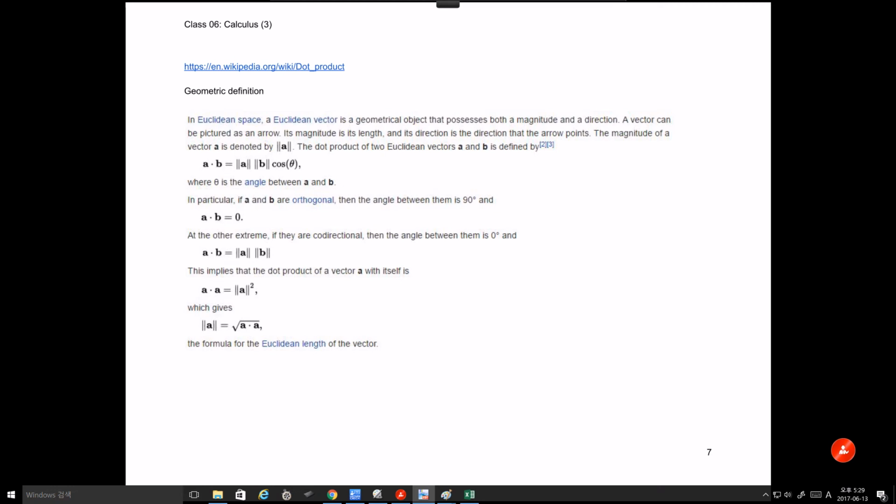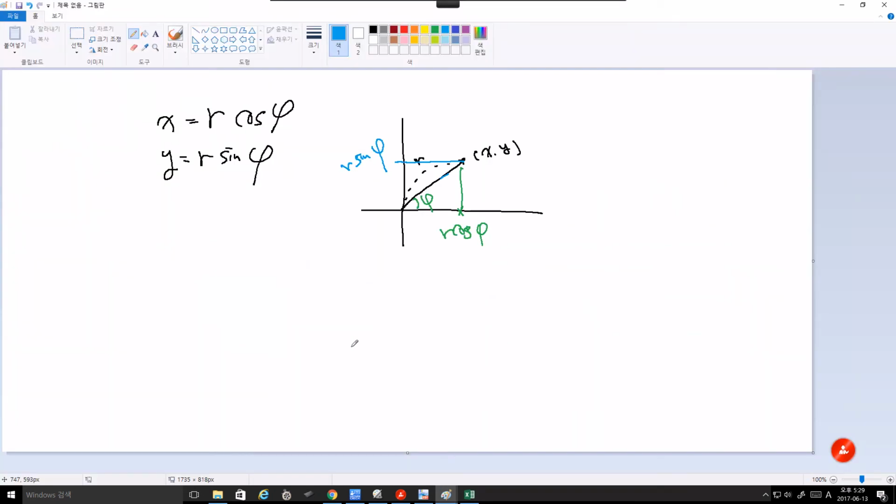Okay, so magnitude and direction. If we use this example here, suppose this is the point 2, 3. Well, we can regard this as x, this as y.